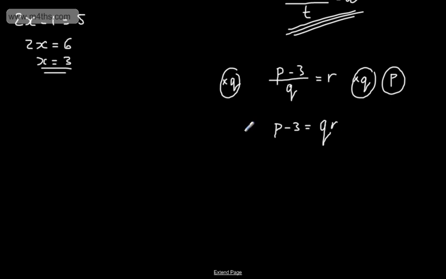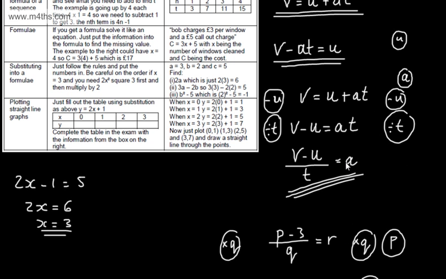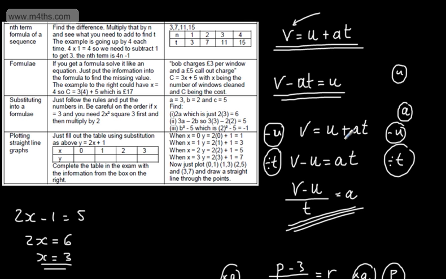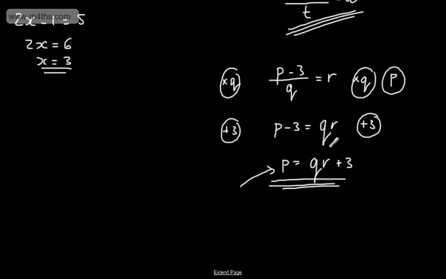I want p by itself, so I'm going to add 3 to both sides of the equation, and that is going to give us that p is equal to q multiplied by r, plus 3. Now p is the subject of the equation. It says p alone is equal to something else. So that now is rearranging a formula to make something the subject of that formula. So all you're doing, exactly the same as the equation, you go ahead and solve it.